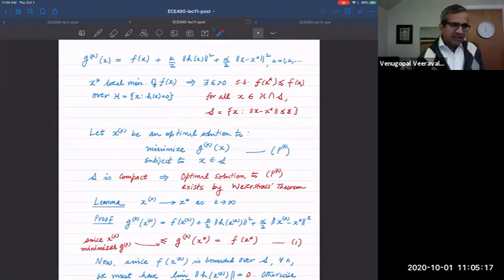We first constrained the optimization problem over g_k by constraining to this set S, which is the ball around x star, right? This epsilon ball around x star.